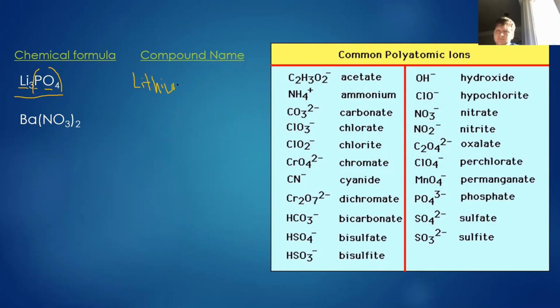Now for the PO4, we just identified that as a polyatomic. So you would go over to your polyatomic table, find PO4, and write its corresponding name. In this case, PO4 is phosphate. So lithium phosphate is the name of that compound.